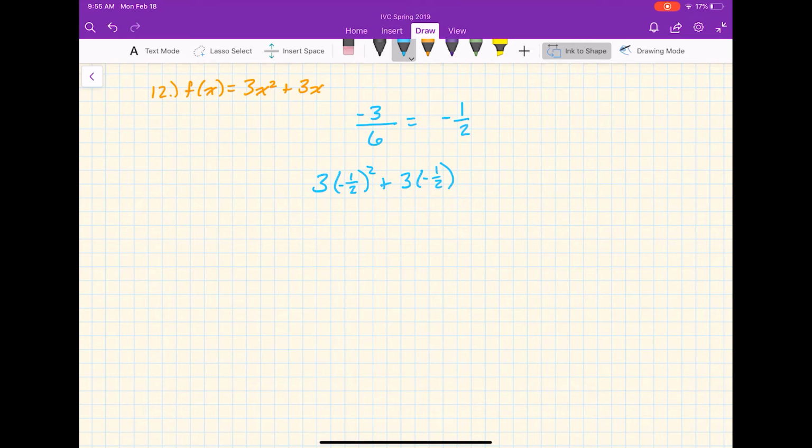And let's see, that's going to give us 3 over 4. So 3/4. The negative's gone. Minus, because the plus times the negative gives us the negative, 6 over 4. That would be 3 over 2, but we have to get like denominators. And so we are going to have negative 3 over 4, which can be reduced. So our minimum for this guy is negative 3/4.